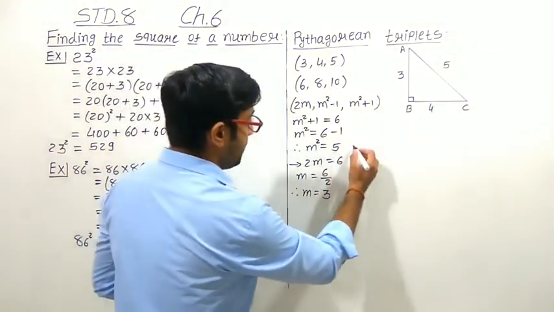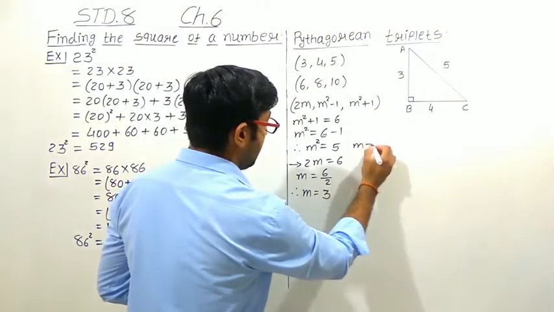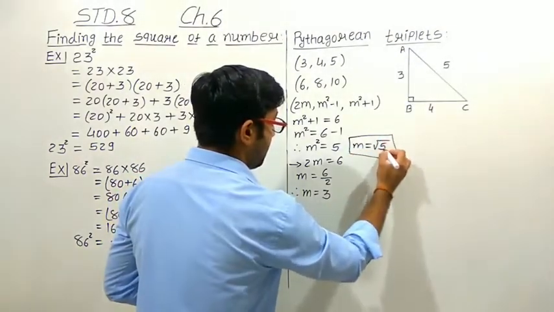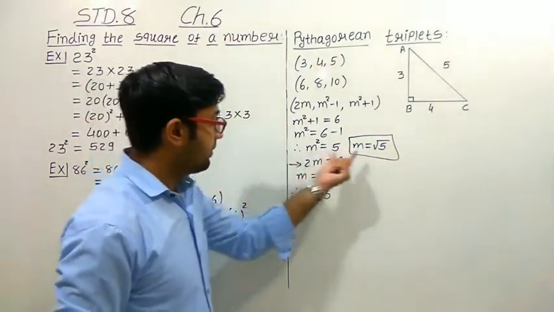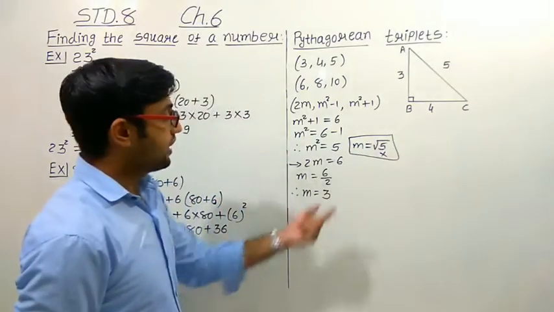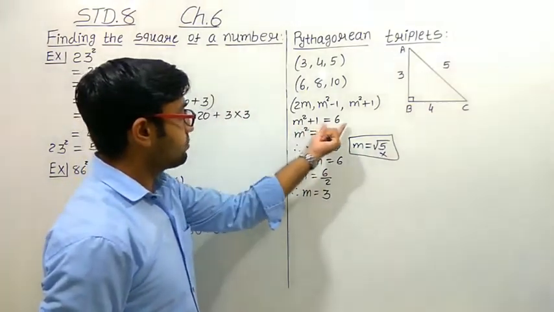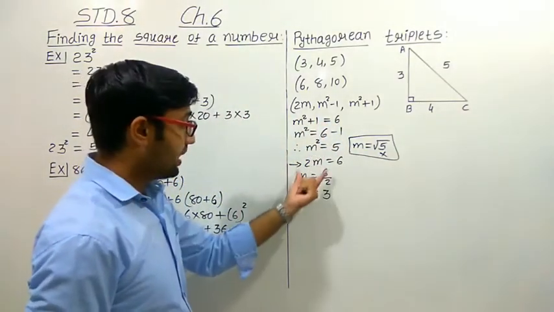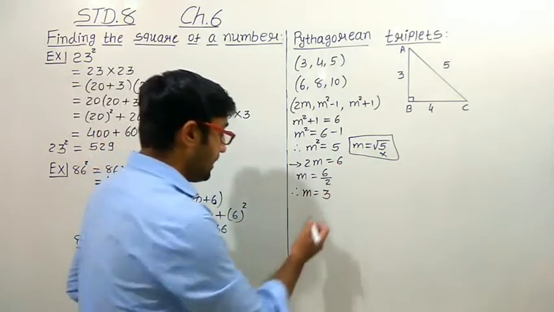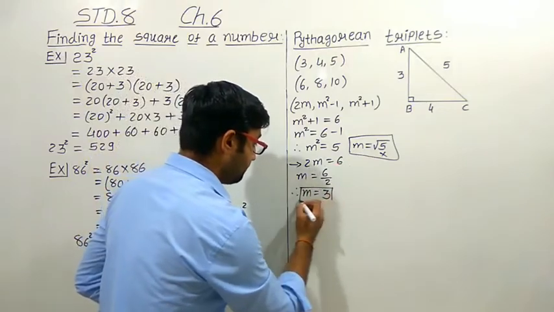In the earlier case, if you find the square root, we get m equals root 5 by taking the square root on both sides. But this is not a natural number. So we cannot consider m square plus 1 equals 6. By taking 2m equals 6, we get m equals 3, and this is a natural number.